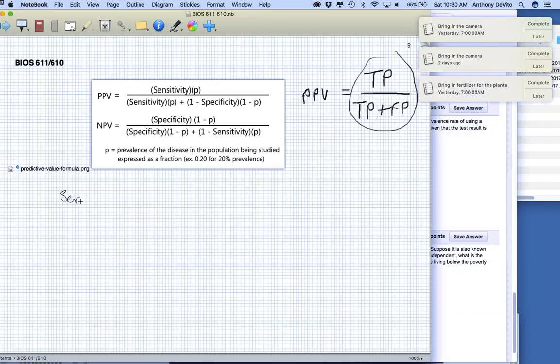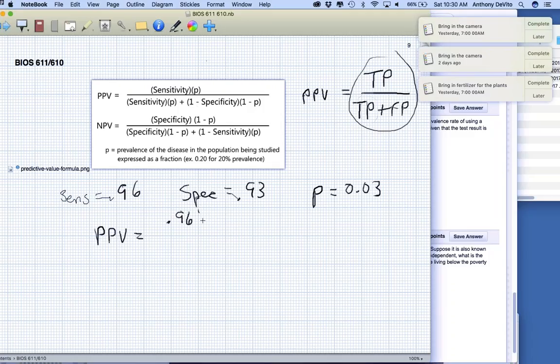The sensitivity is equal to 0.96, the specificity is equal to 0.93, and the prevalence is equal to 3%. Okay, so let's fill this in. The top is going to be positive predictive value is equal to 0.96 times the prevalence, 0.03.